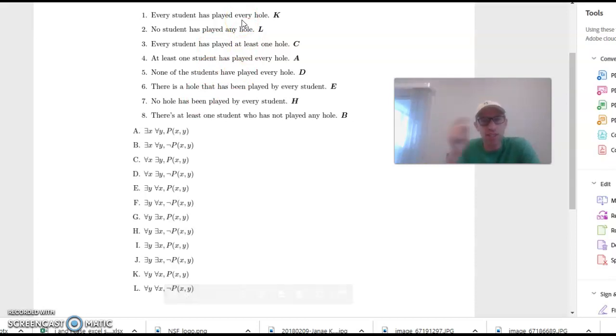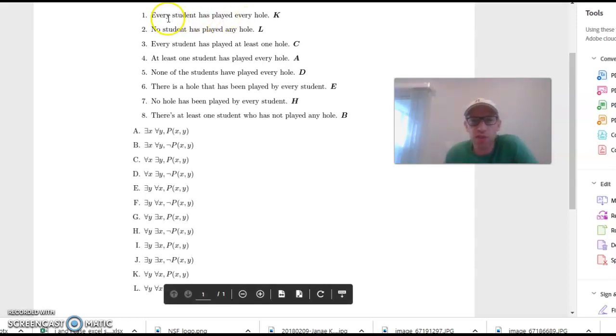So I do think it's easier the way that we did it here in this video. And you'll notice that as you start doing them, like for every student and for every hole, the student has played the hole, some of these start to make sense pretty quickly. The ones like number 5 and 7 will really take some practice, but you'll get it. You'll get there. All right. Write me with any questions.